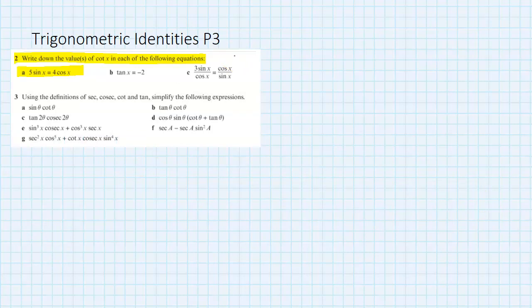Now this is question number 2, and it's important to solve the equations. Although we are not solving the equations here, we know how to write the next step in the way of solving an equation. So this one is 5 sine x is equal to 4 cos x.